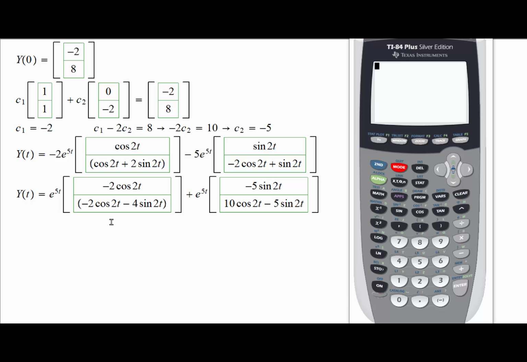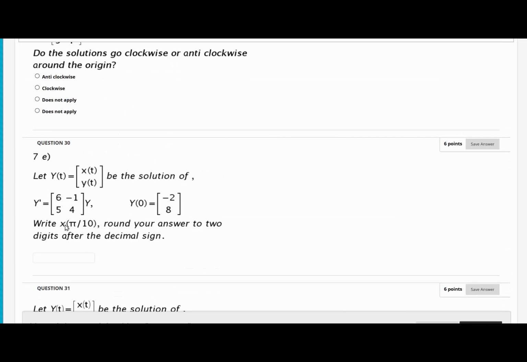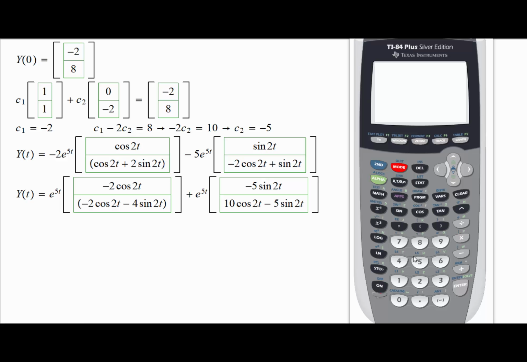We are, right? So the first row, because they want the x1. Let me just go back and check. So yes, they want the first row for pi over 10, then the second row for pi over 10, right? So what we would do is -2 cosine of 2 pi over 10, that will be pi over 5, okay?